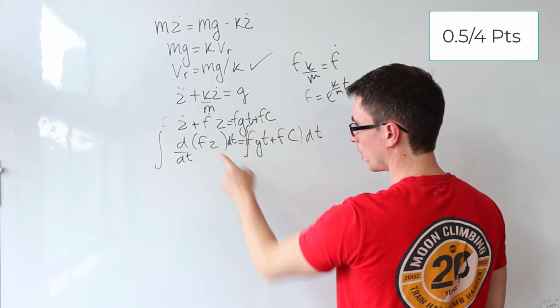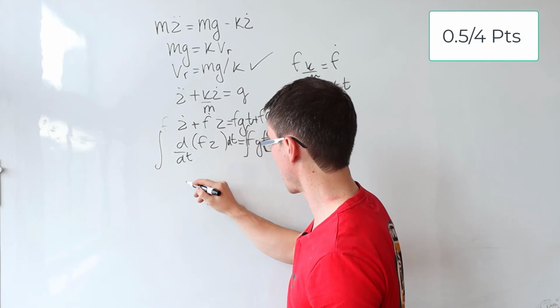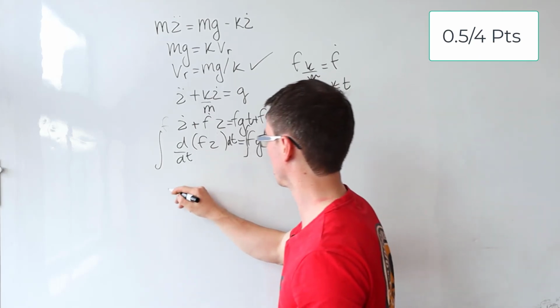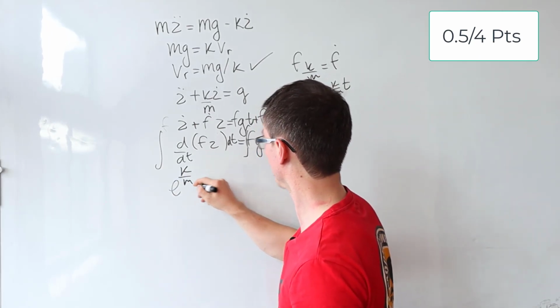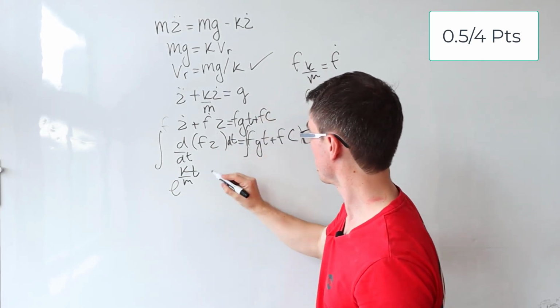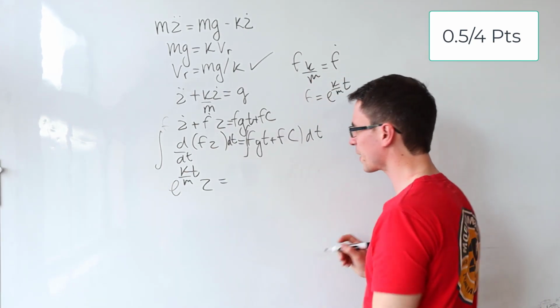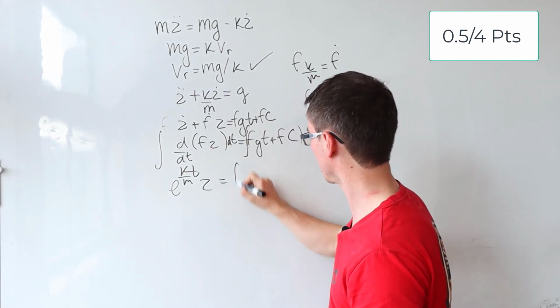The integral of the derivative is just f times z, but rather than f, I'm just going to write e to the k over m times t multiplied by z. Now on the right hand side of this integral, what are we going to get?